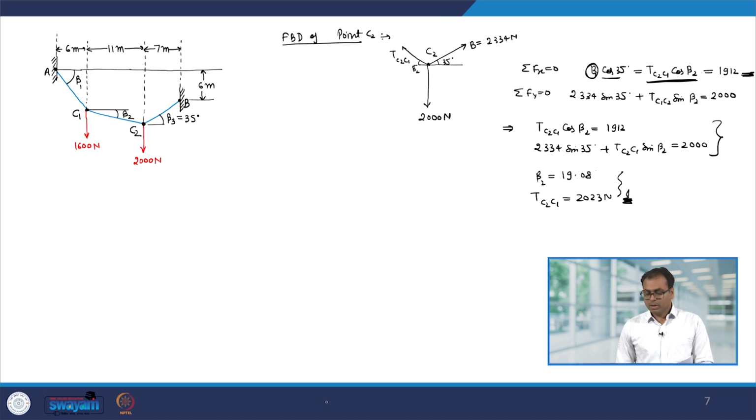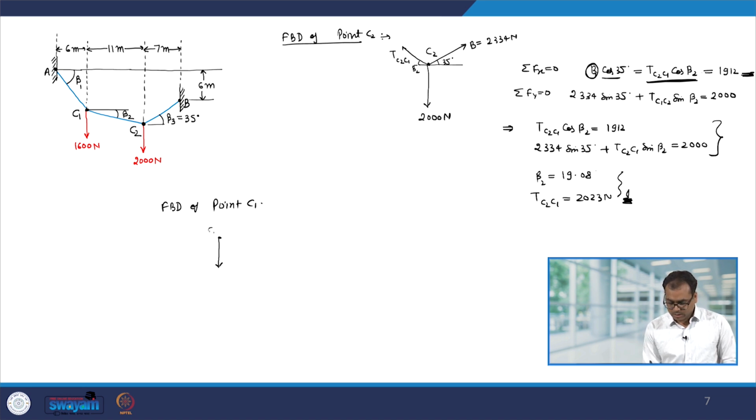Now, to find out beta 1, let us consider the free body diagram of C1. So, let us look at the free body diagram of point C1. So, we have C1 point and the external force is 1600 Newton. Then you have the force along C2.